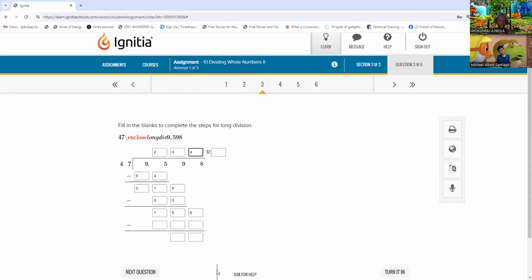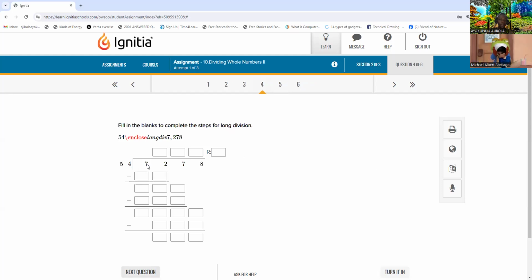So if I put 4 here, I need 4 times 47, or simply 47 times 4. And that is 188, okay? So 198 minus 188 gives me 10. So what's the remainder, Miggy? 10, good.